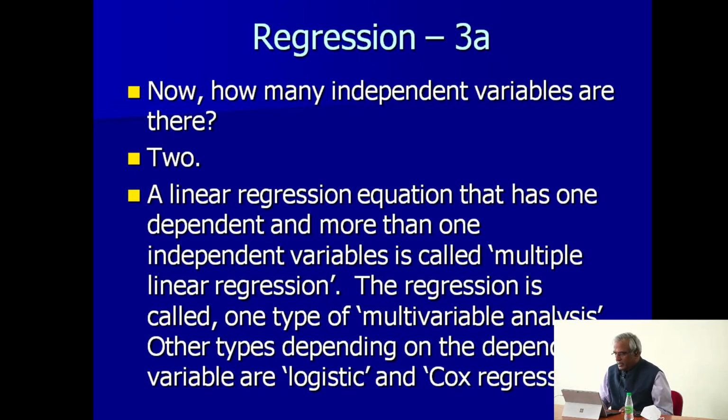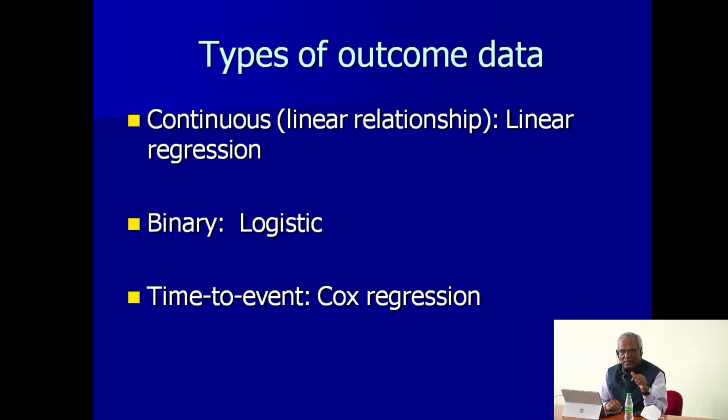That is another thing I thought you should know: if you know one regression, you can understand the underlying mechanics of all the regressions. Behind the scenes, inside the black box, they all do similar things, but it depends on the type of dependent variable.